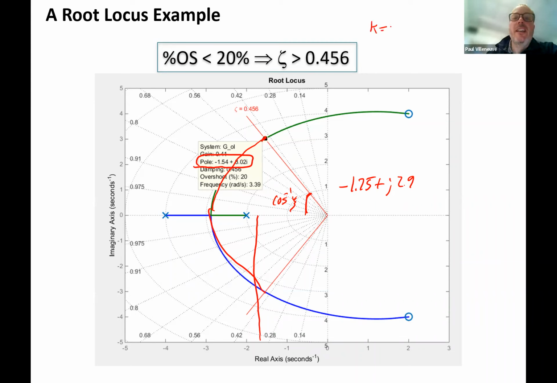K is equal to minus 1 over GH. You evaluate that at s equals minus 1.54 plus j3.02, and you should get 0.41. The nice thing about MATLAB is it tells you what that value is, but you can check it over there.